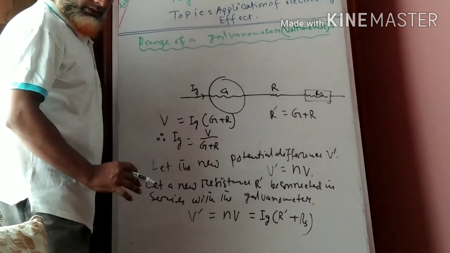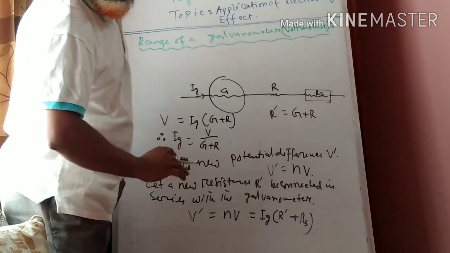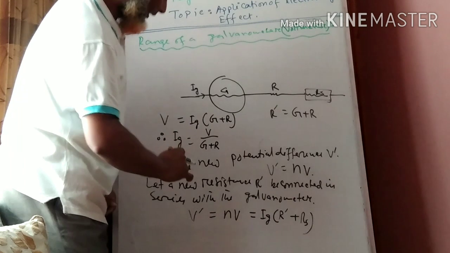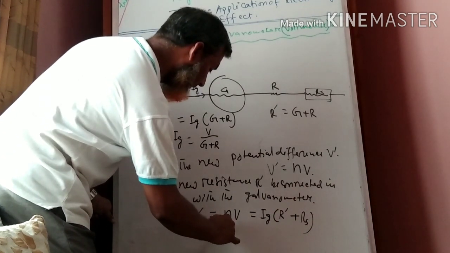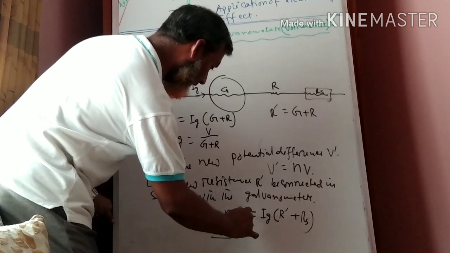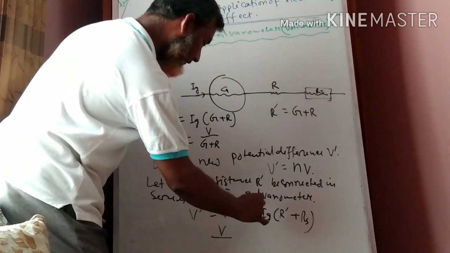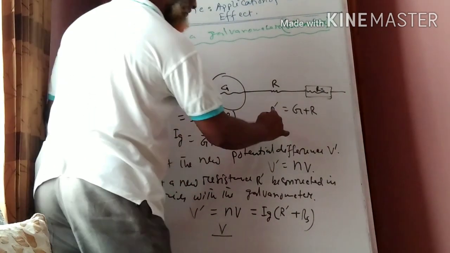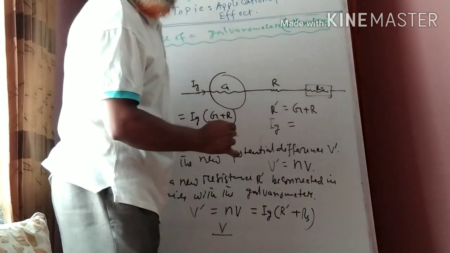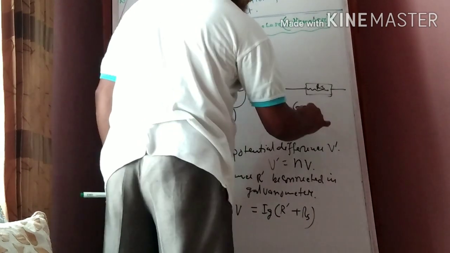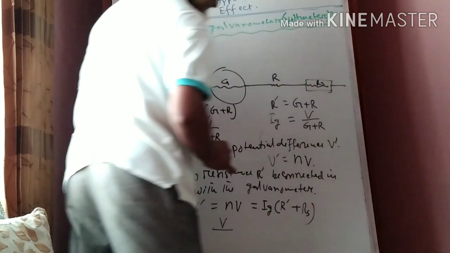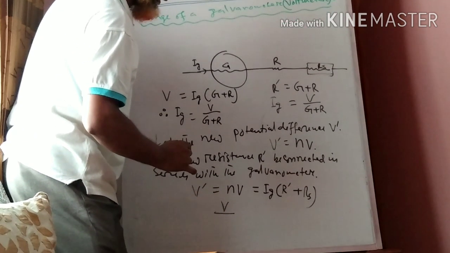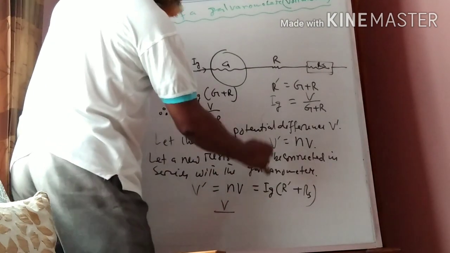Now Ig, which I discussed a few minutes back, is V by (G plus R). So in case of Ig, you can write it that way.